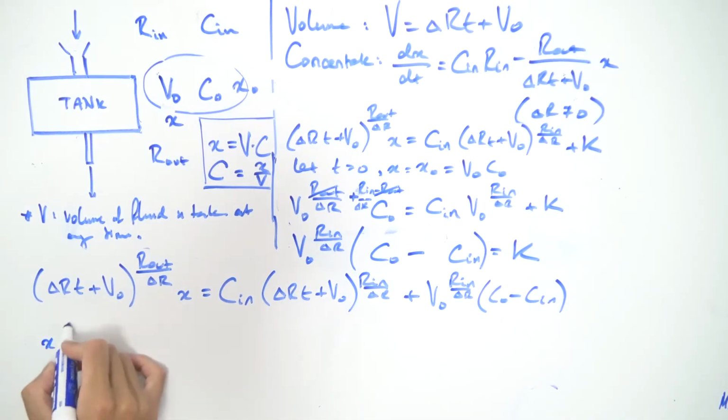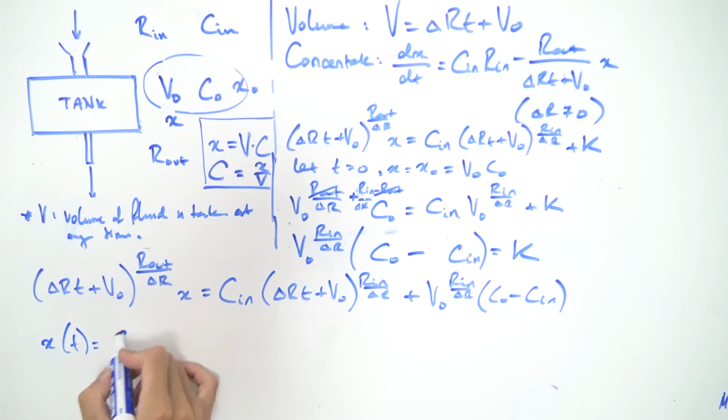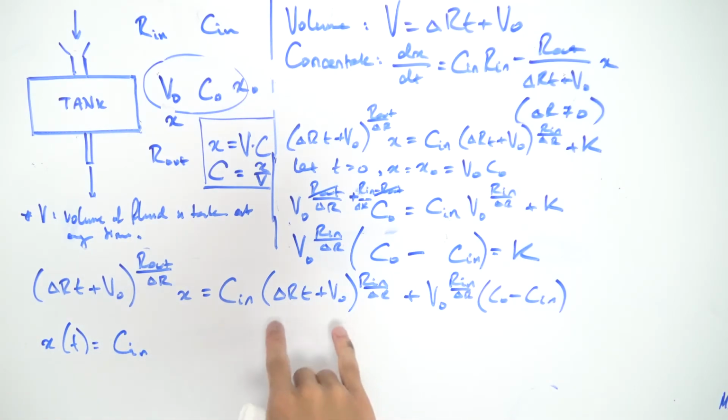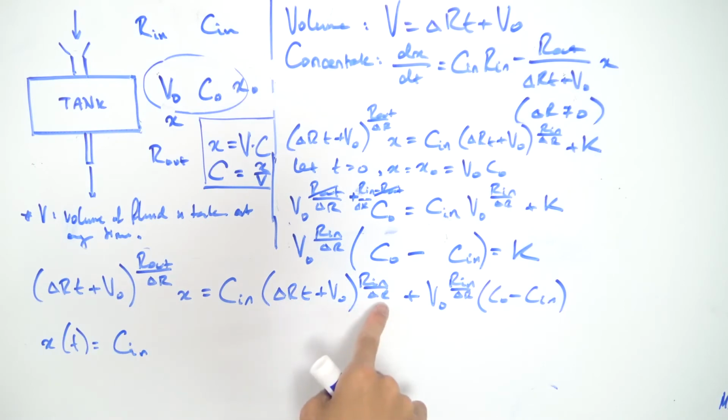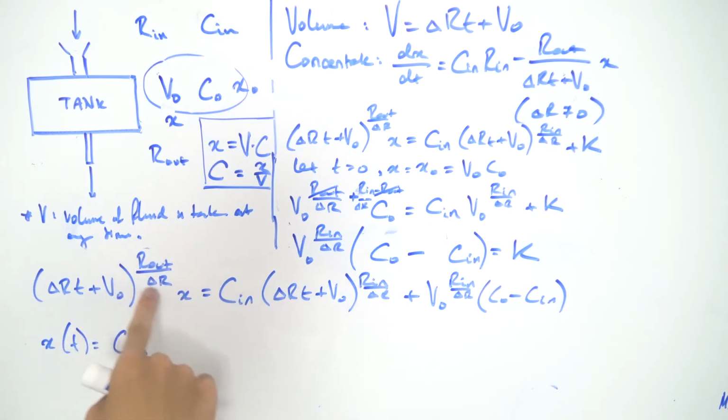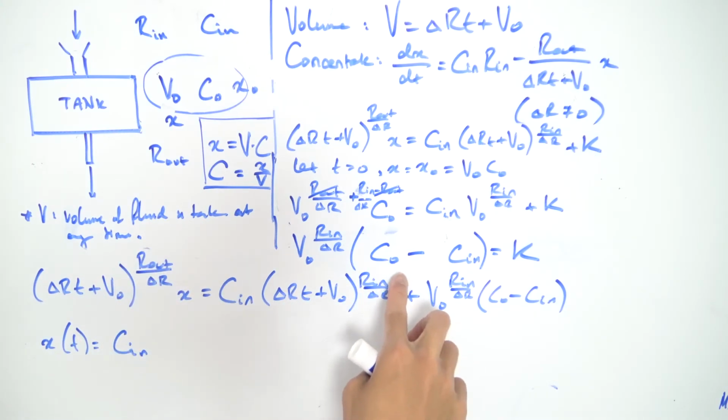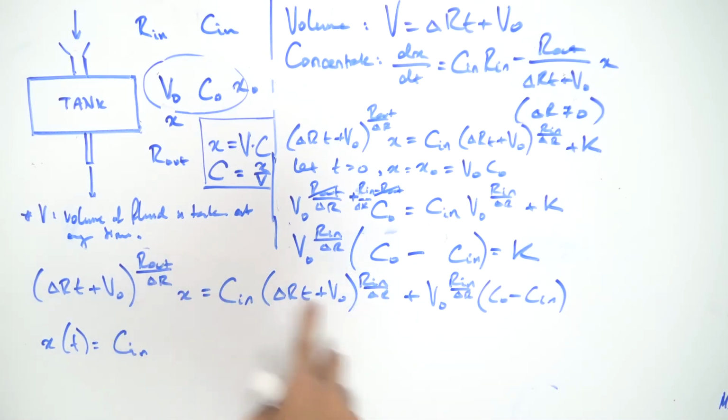and we're left with x of t is equal to cn, and then notice we have the same base over here, so we're going to take this exponent and subtract this exponent. But notice that's going to give us r in minus r out, all divided by delta r, which is the same thing as delta r over delta r, which is 1.